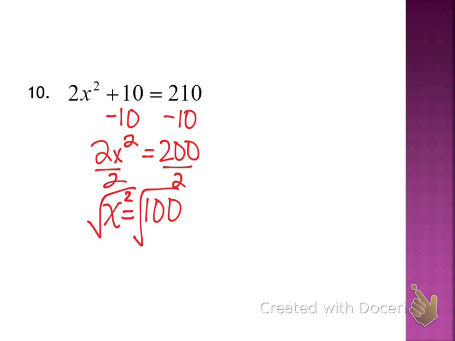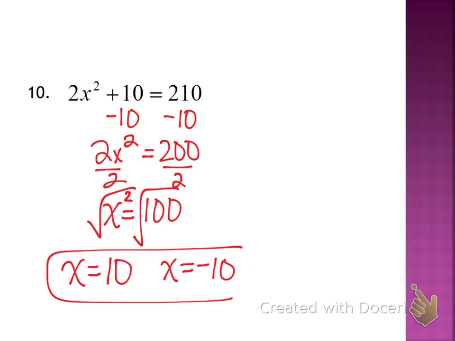Is 100 a perfect square number? Yes, it is. That makes my life easy. So I know my answers are 10 and negative 10. Good. We went through that one pretty quick. Do we have questions about it? Okay.